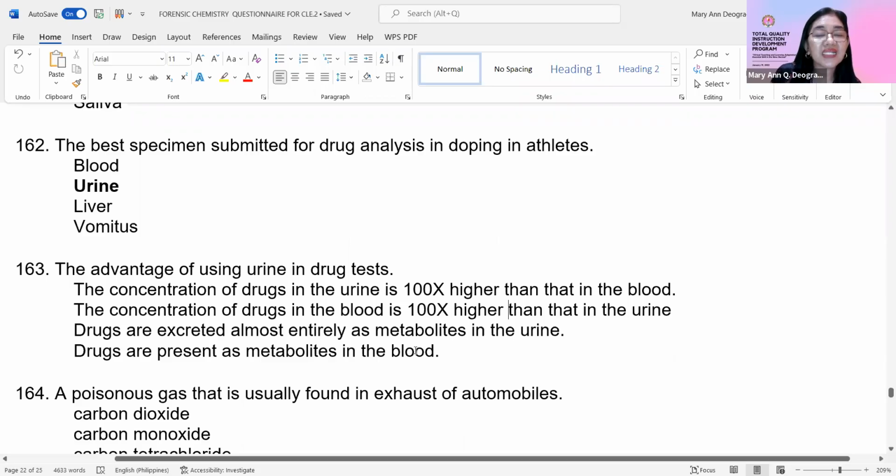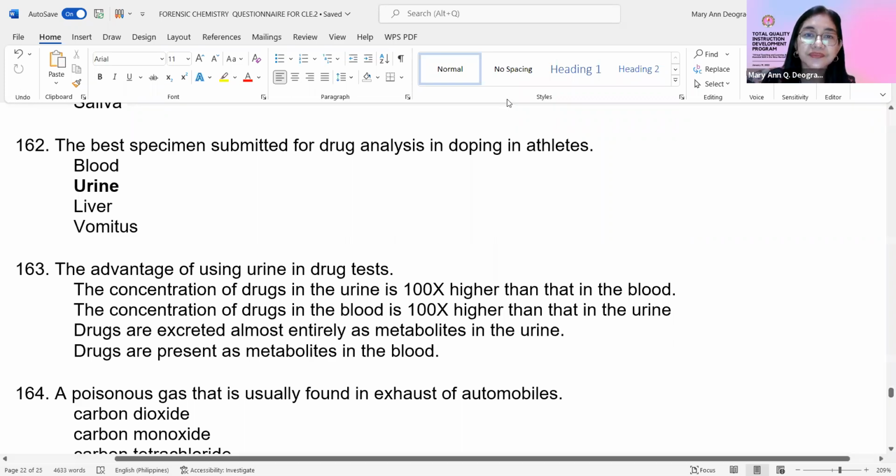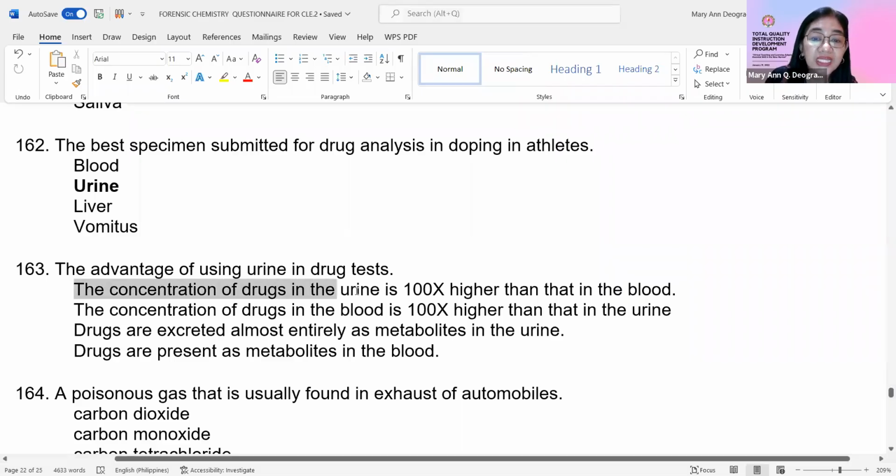D, drugs are present as metabolites in the blood. Which of these is the best answer? Okay, letter A. Tama, letter A. So mas marami ang concentration ng drugs sa urine natin kaysa sa blood, no? So that's the advantage of using urine than that of the blood.